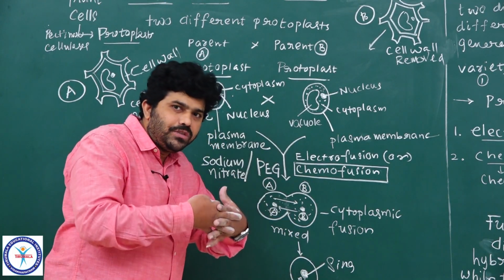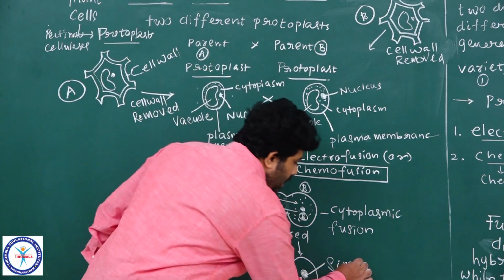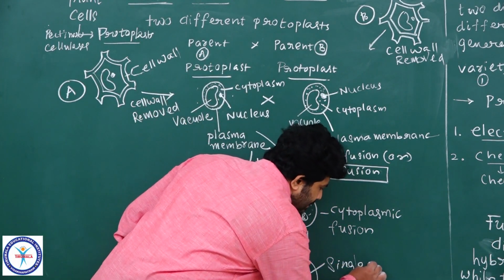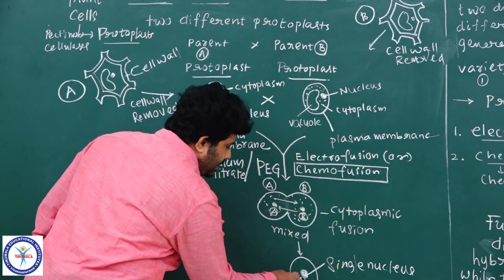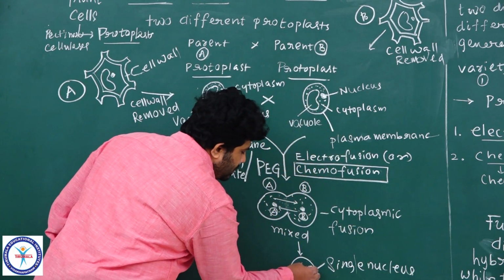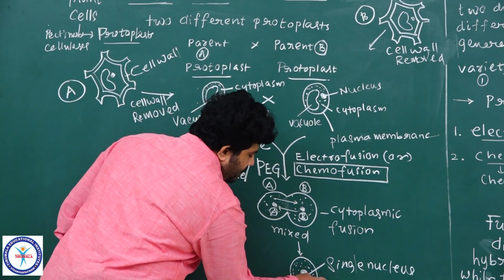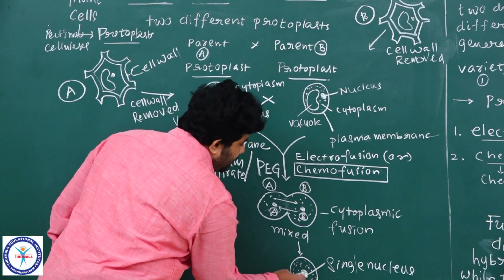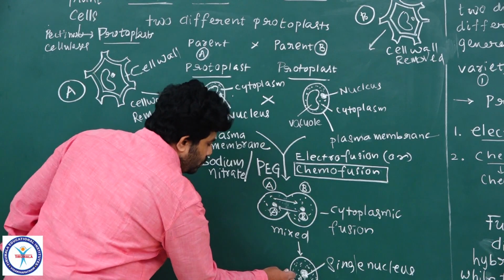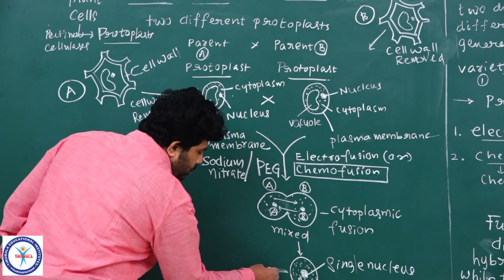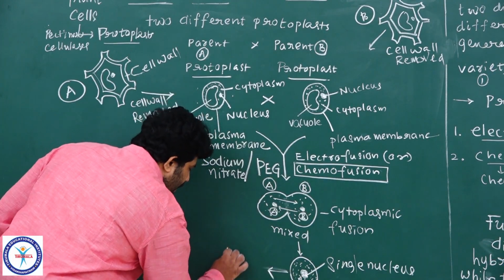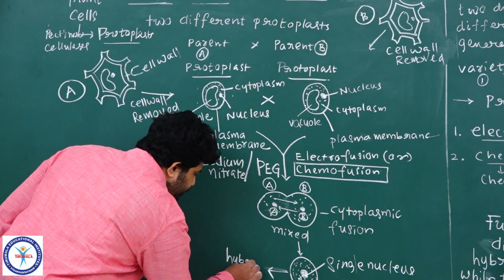Here both genetic informations are present, that is A plus B. The genetic material present in protoplast A and the genetic material in protoplast B are fused to make a single nucleus. This is the cell: a single cell with more diversified cytoplasm and diverse genetic material from the parental cells. A new cell is produced, and that new cell is called a hybrid cell.